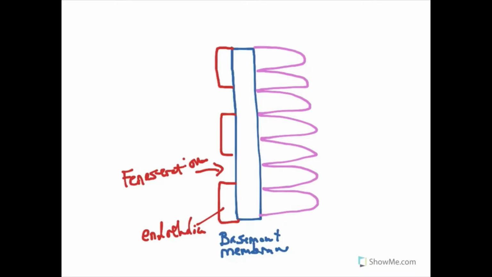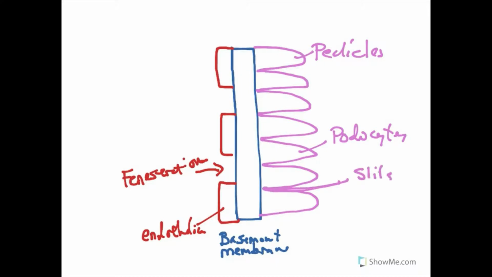I'm drawing what are called the podocytes. These are specifically the things sticking out of the podocytes called the pedicels. And in between the pedicels, the gaps down here are the slits. Together, this produces a filtration membrane.